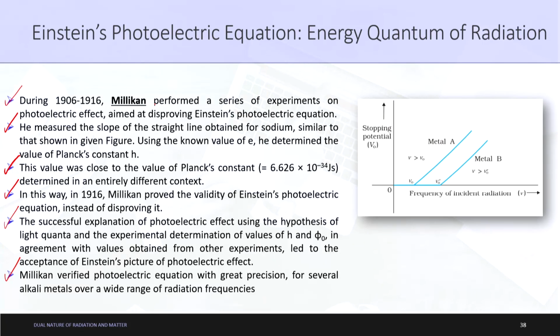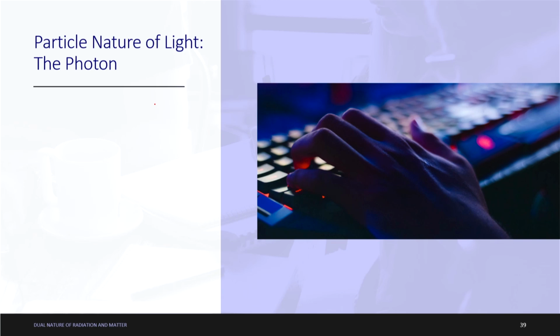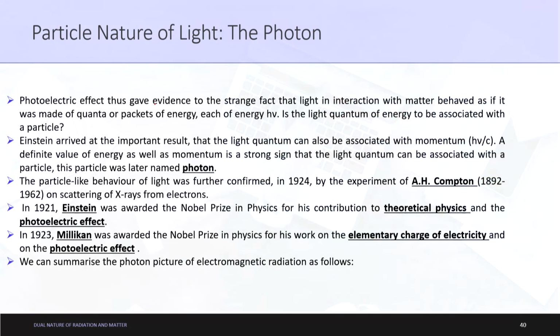Then Millikan also tried to disprove it, but later concluded by proving it in 1916, and finally we understood what a photon is. A photon is a particle which has an energy equal to h nu and a momentum equal to h nu upon c. I will explain the summary in the next discussion. Let me stop here now. Thank you so much.